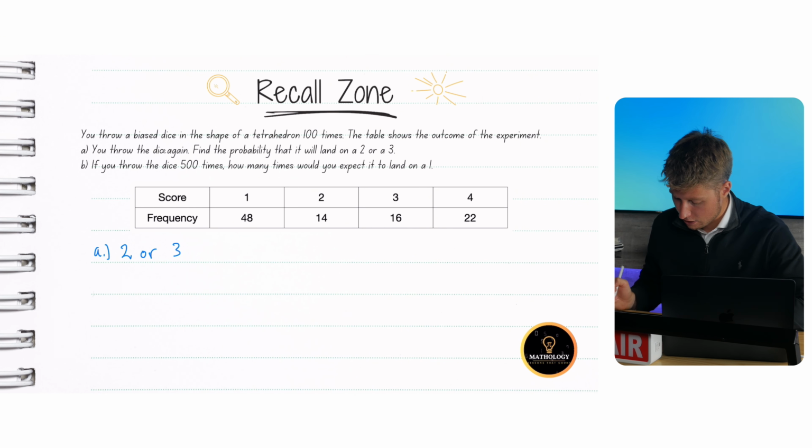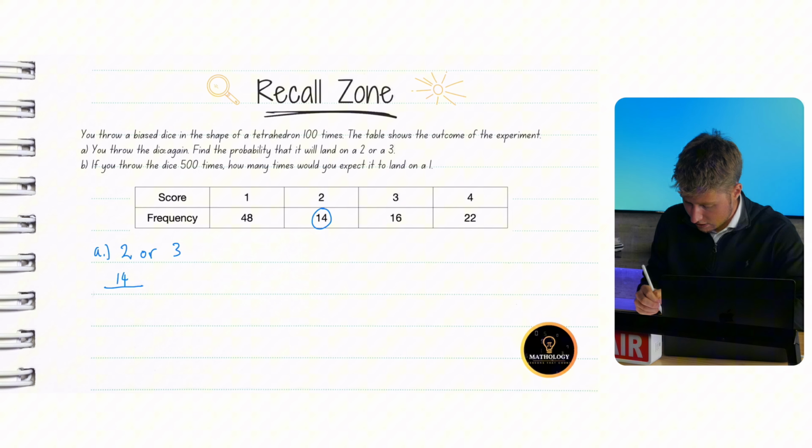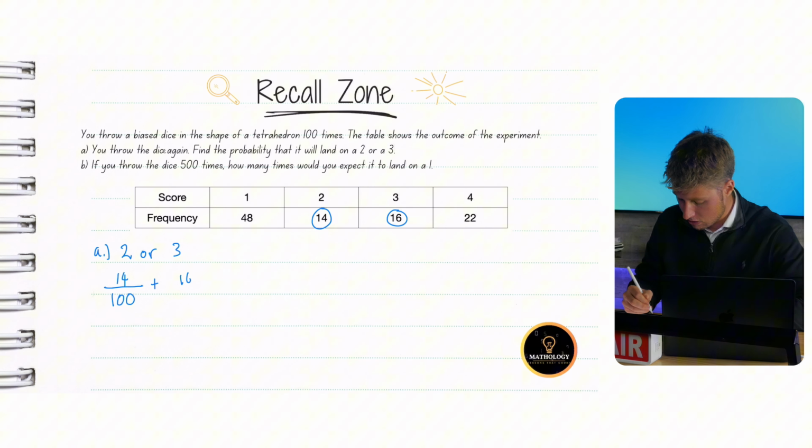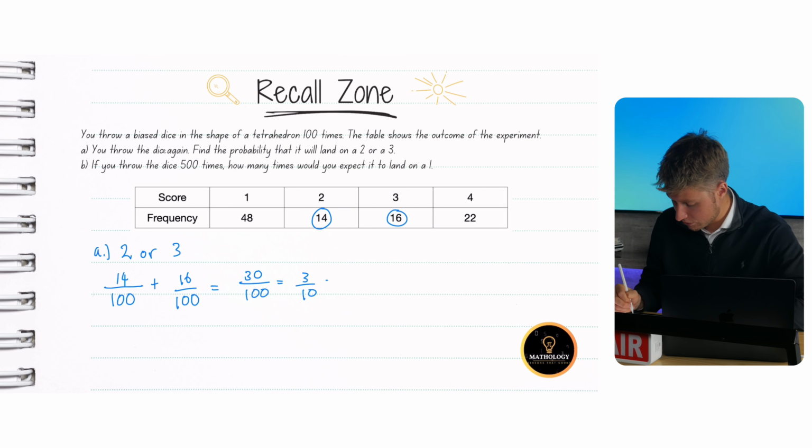So the probability of rolling a 2 is 14 out of the sample size 100, plus probability of rolling a 3, which is 16 over 100. So if we add 14 and 16, because we've got a common denominator, we get 30 over 100, which can be simplified to give us 3 over 10, which is 0.3.